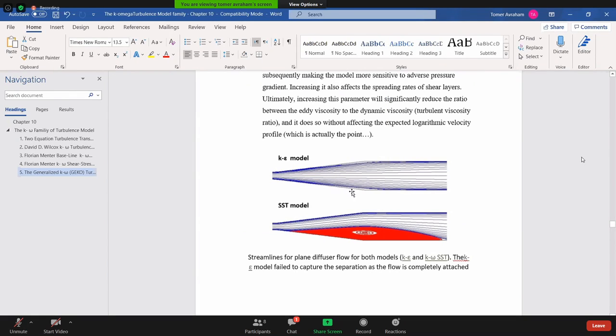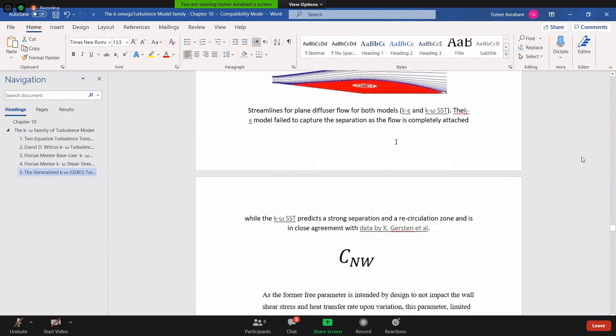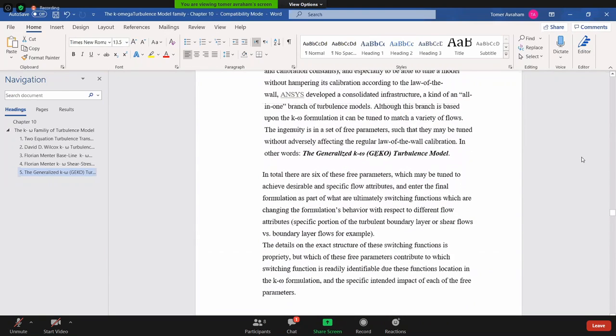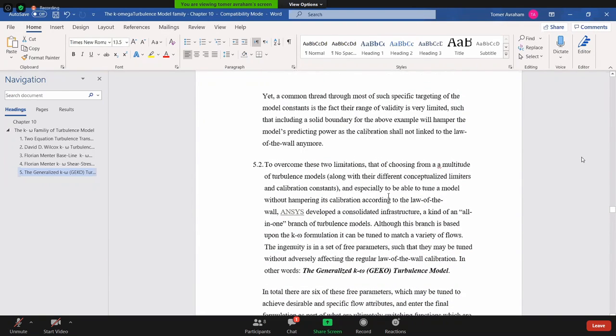In this case, it doesn't even give a separation. You see that the SST model shows clear separation. In the k-epsilon, it doesn't exist at all. So that's one of the problems that the k-epsilon has.